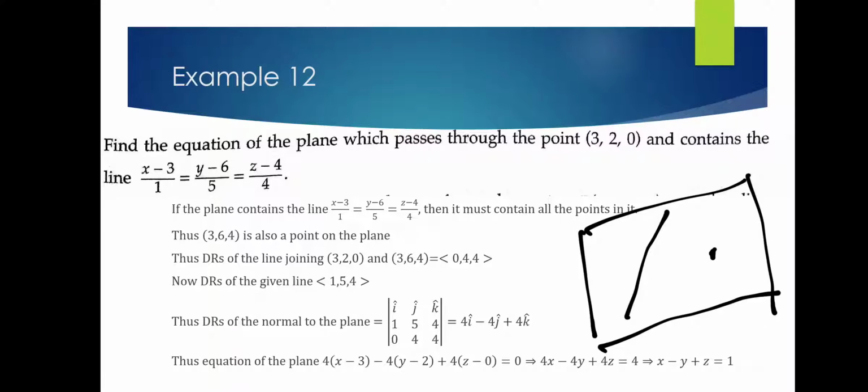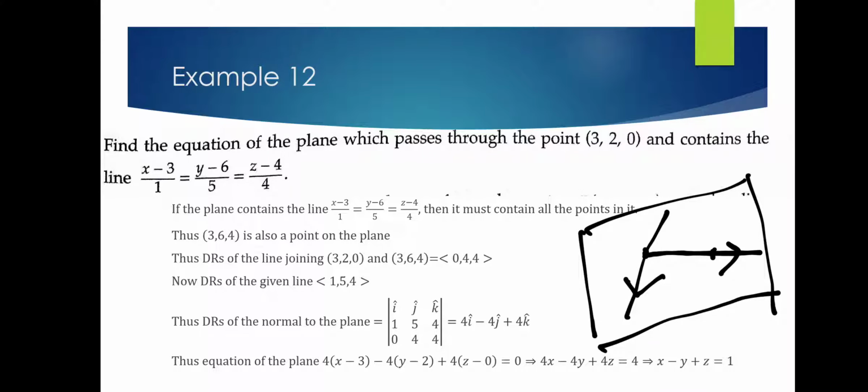Now, what I am trying to do: I am given the direction ratio of this line. I know it, because from the equation of the line I can find the direction ratio. Then let us consider any one point on the line, and then let me find out the direction ratio of the line joining these 2 points.